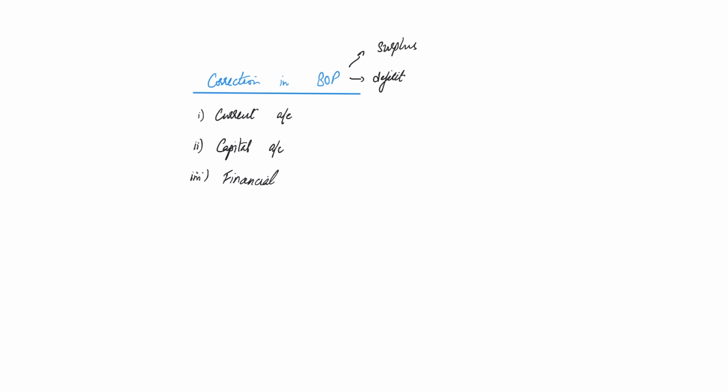Correction of any of these can correct the balance of payment. So usually what should happen is current account plus capital account plus financial account should give you a 0. Okay, that means it's balanced. But if it's positive, that means you have a surplus.